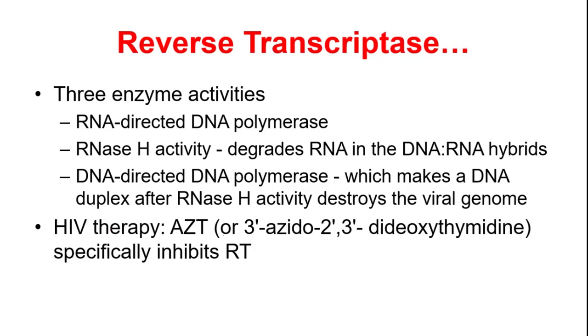And then the other thing we need to appreciate is that in HIV therapy, the AZT drug that is administered specifically inhibits this reverse transcription. So if we are able to stop this process from occurring, it simply means that we have halted the whole process of the virus getting into the genome of the host. And as a result, the disease could be stopped.